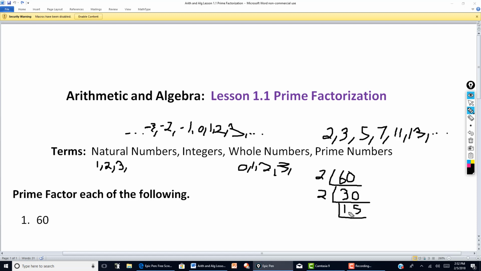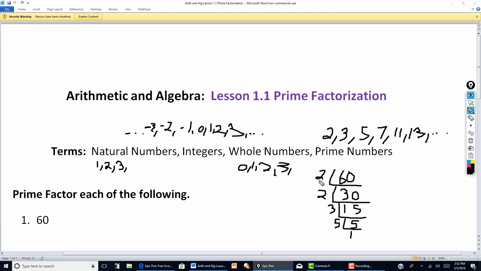You can see 2 is not going to divide into 15 because it ends in an odd number. So the next one we try is 3. 3 will divide it. 3 into 15 will go 5. And then the smallest prime that would divide 5, of course, would be 5. That would go one time. And then we stop there. That's as far as we can go.